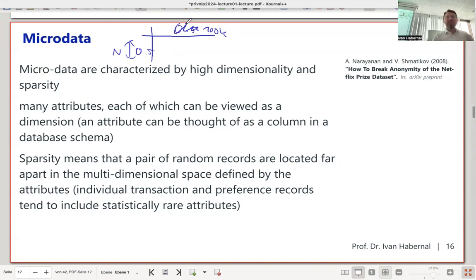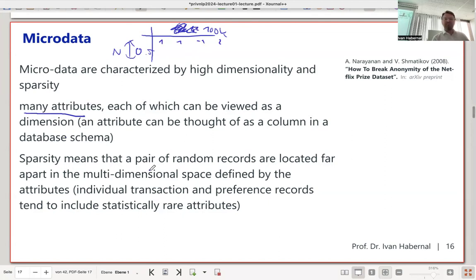And none of the users will watch all these 100K movies. They will just watch a few, 10, 20, 100 movies, whatever. Which means there will be only a few things here which are rated, and the rest will be empty, sparse. So we have many attributes, and the attributes are the columns.